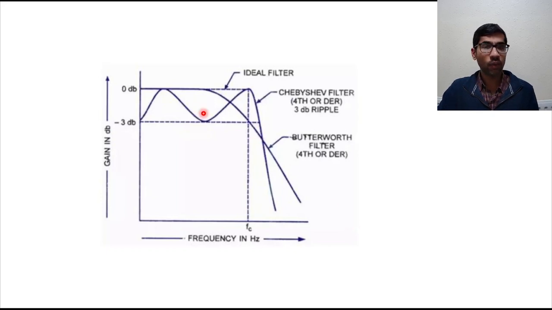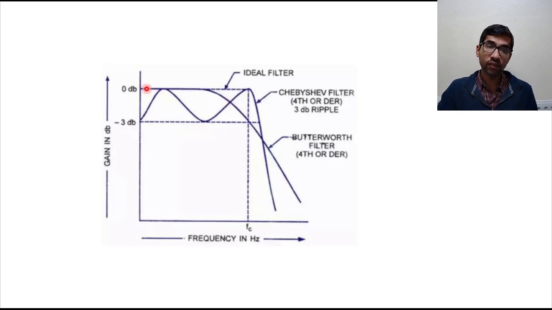But if you say, well, no, I don't want any ripple in my pass band, I don't want the gain in my pass band to vary, then you have another kind of filter where you don't have any ripple, but then the transition region is much larger, right?